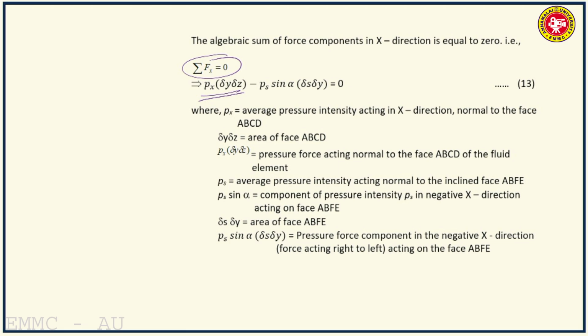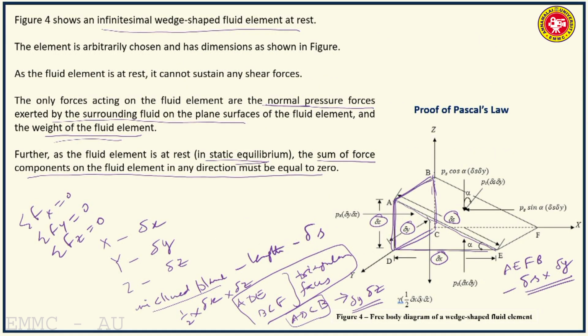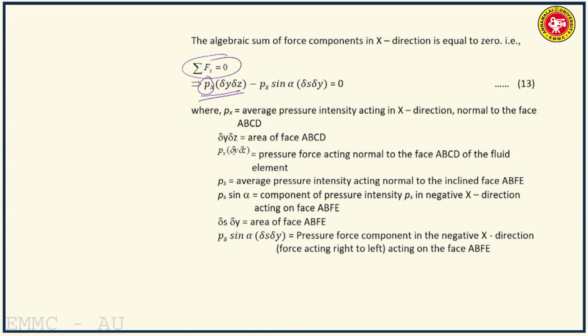Px is the pressure intensity acting on the left face ABCD, ADCB or ABCD, whatever it is, both are the same. So average pressure intensity acting in x direction normal to the face ABCD.